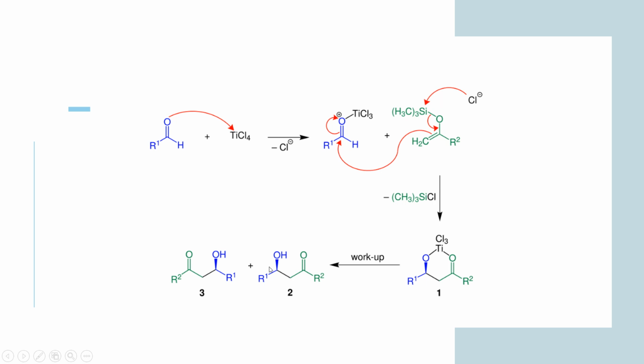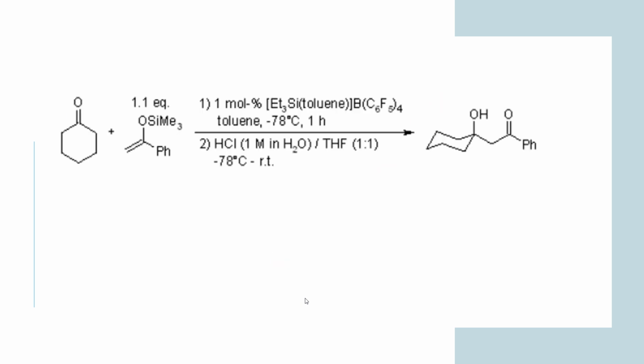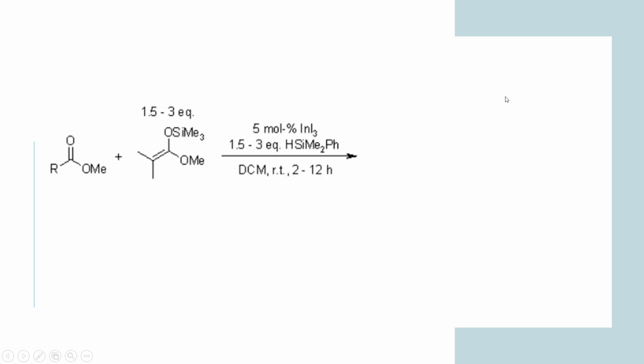In the last step of the Mukaiyama aldol reaction, the oxyanion took up a proton to give you the beta hydroxy ketone, a product which is similar to the aldol reaction or Reformatsky reaction as well. Thus we observe that for this particular reaction, where a boron Lewis acid was used, we got this beta hydroxy ketone.